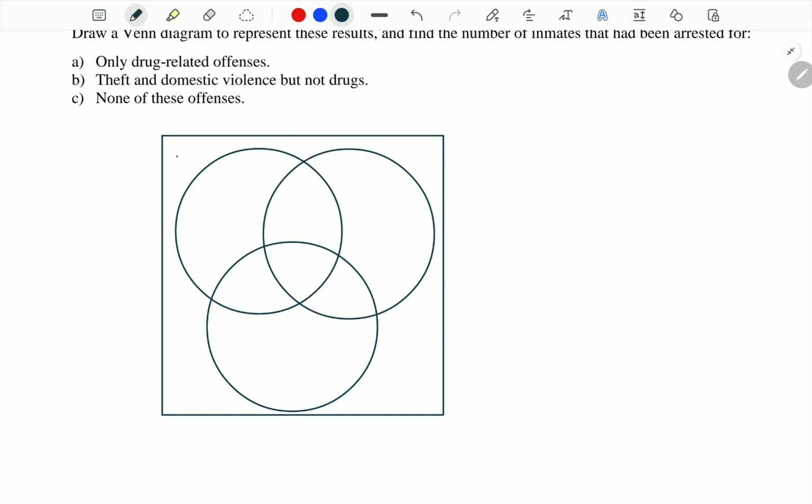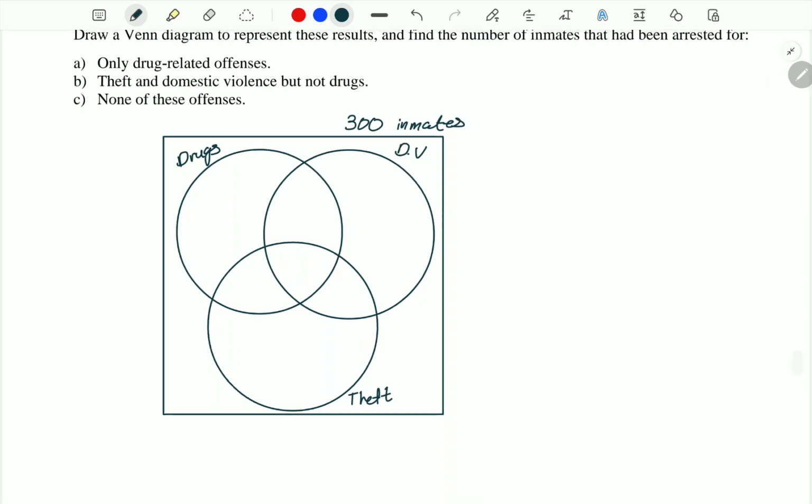Now, this is for my drug-related offenses. I'm going to call this drugs. DV is domestic violence, and theft. And we know we have 300 inmates in total. All right.